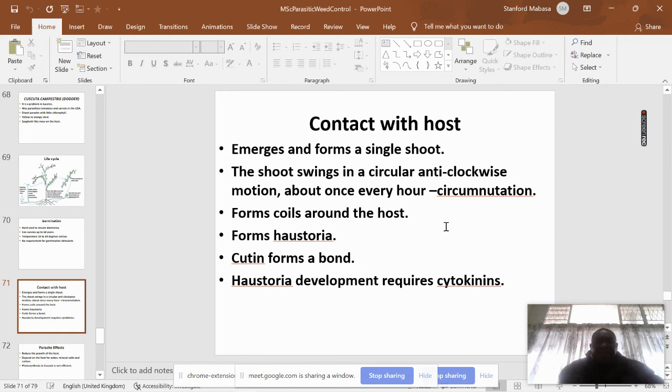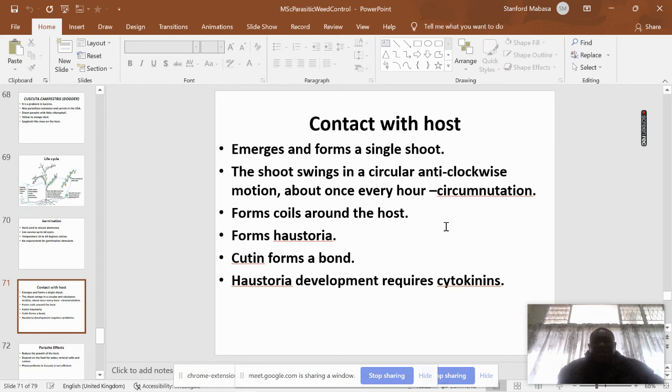When the seed is germinated, it forms a single shoot. The shoot swings in a circular anti-clockwise motion about once every hour. So during the day, you can do a lot of measurements on it.